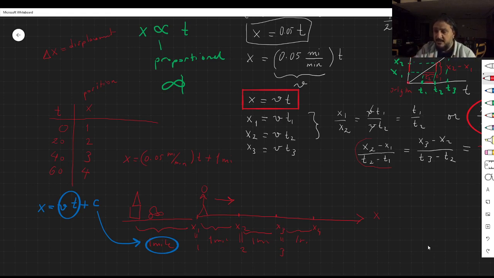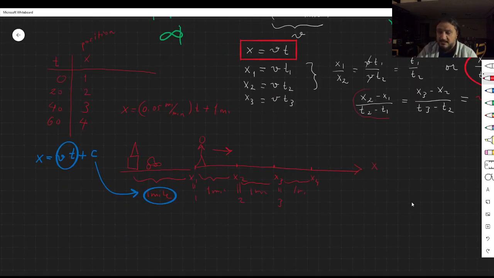What about my graph then? So if I go back to this method of plotting, t, time, and then distance. Well, this time, x represents actually your location, your position. So when t is 0, I'm already at 1.